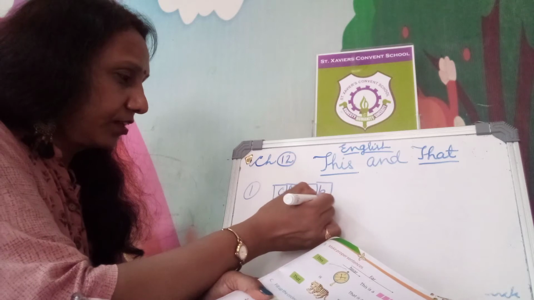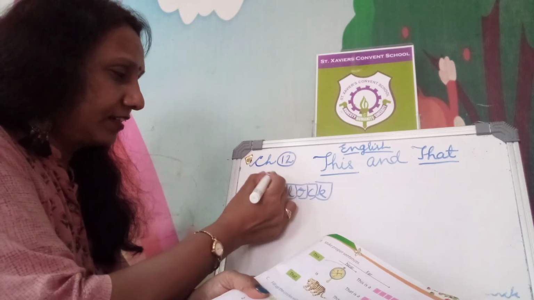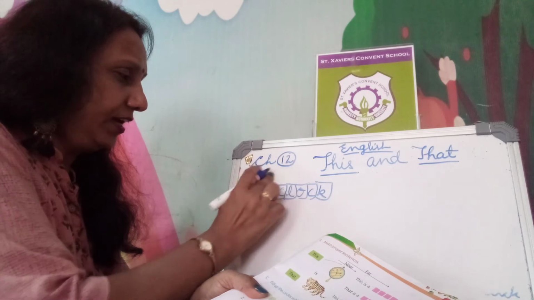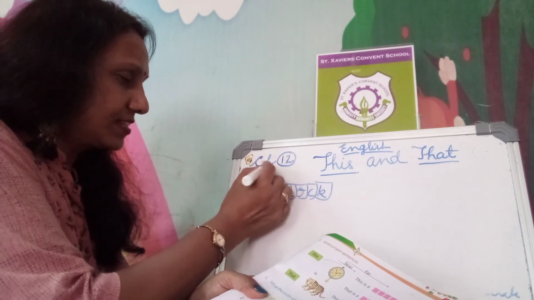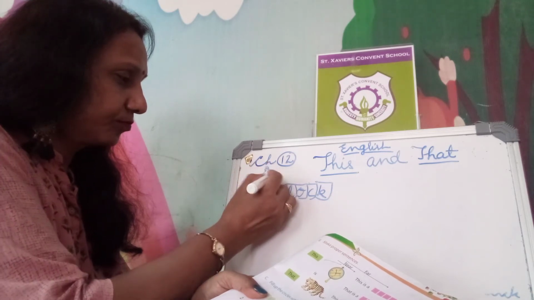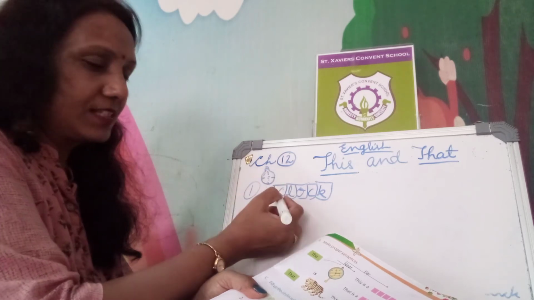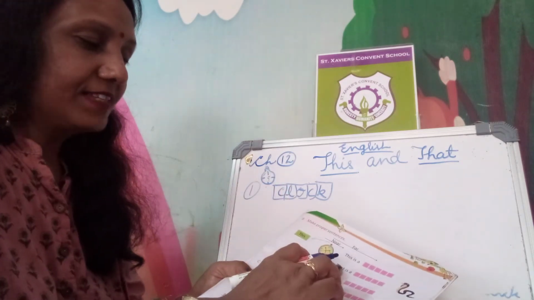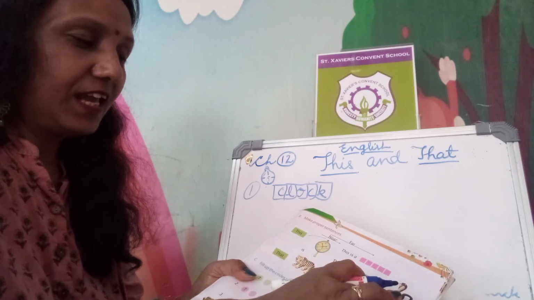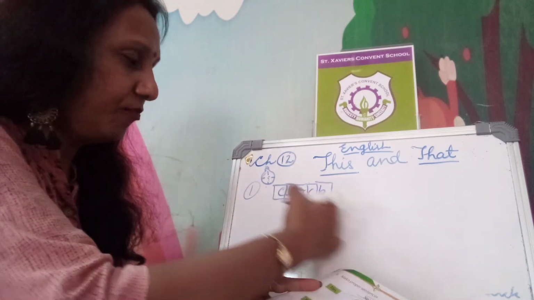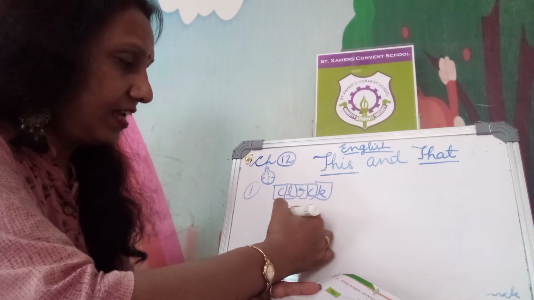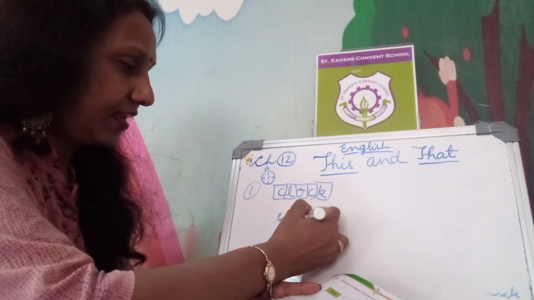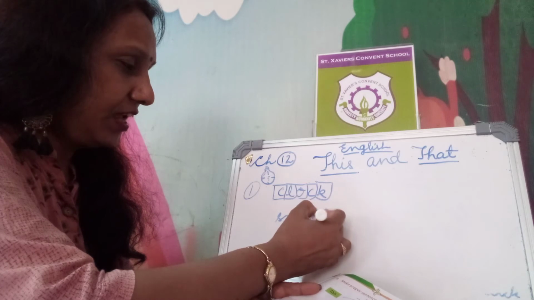A clock tells us the time. So this is a clock. Now that is a snake. Here will be the spelling of snake. SNAKE.